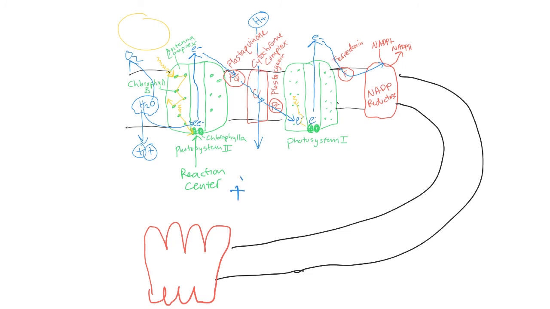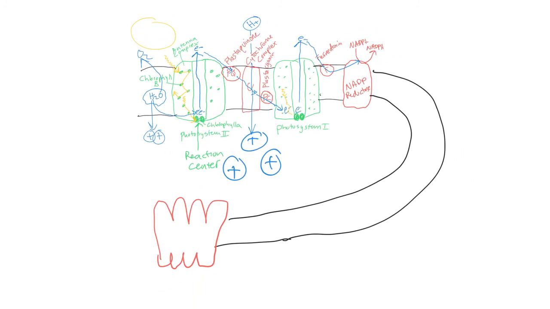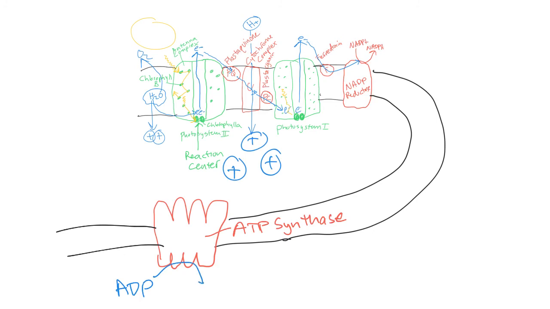But now what we've created is a concentration gradient of all these protons, right? And so just like we did in the mitochondria, we can use ATP synthase to convert ADP into ATP as they pass down their concentration gradient.